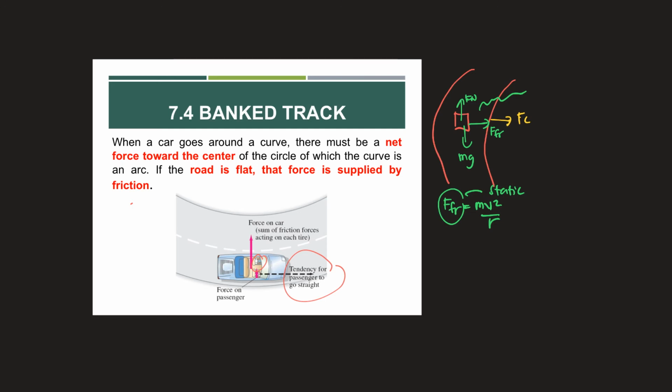So when it comes to the frictional force, definitely you know that the formula is going to be FFR equals mu s Fn. From this picture, your Fn is going to be mg, so FFR is mu s mg. This is for the unbent track, which is the flat surface.